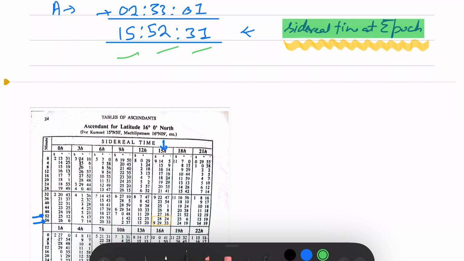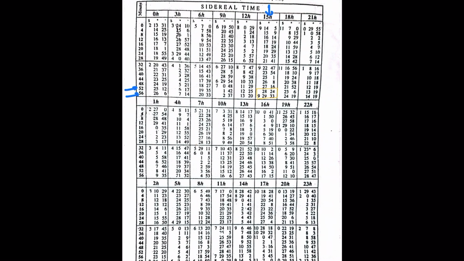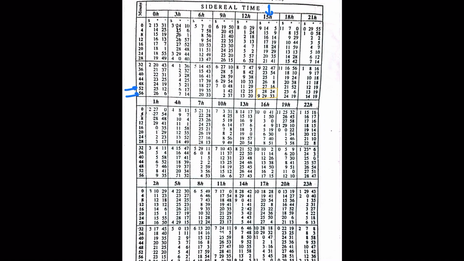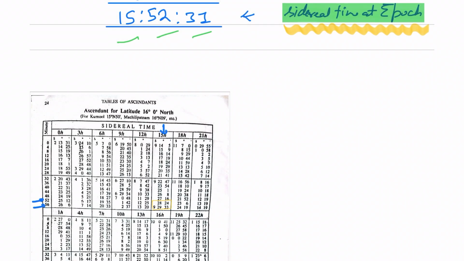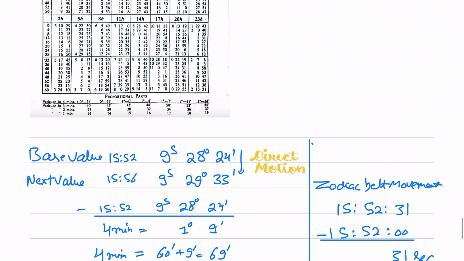So it is 9 sign 28 degree and 24 arc minute, and for 56 it is 9 sign 29 degree and 33 arc minute. So the base value is 15:52, 9 sign 28 degree 24 arc minute, and the next value for 15:56 is 9 sign 29 degree 33 arc minute.